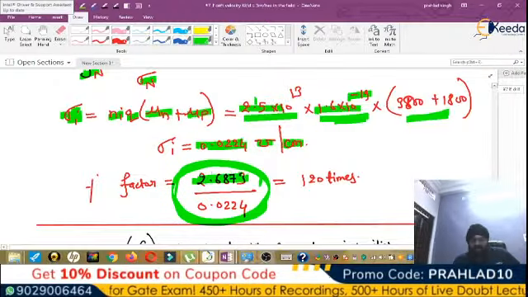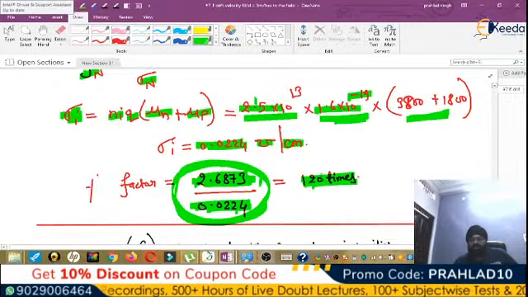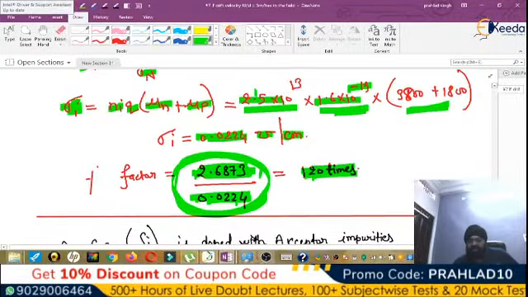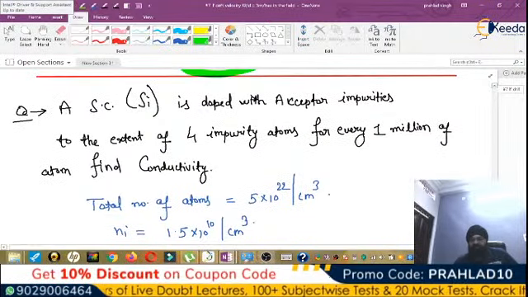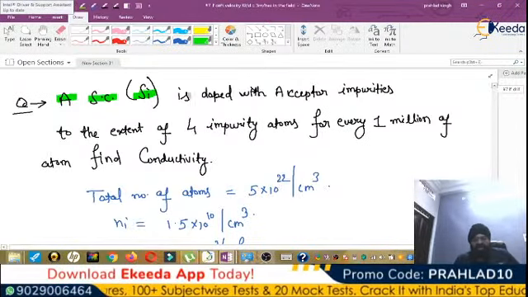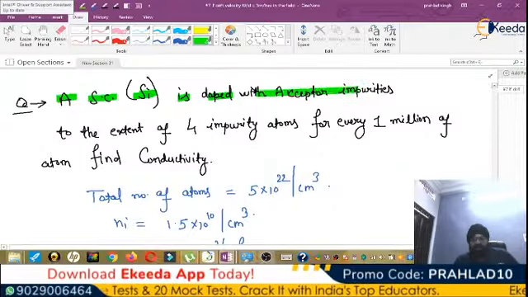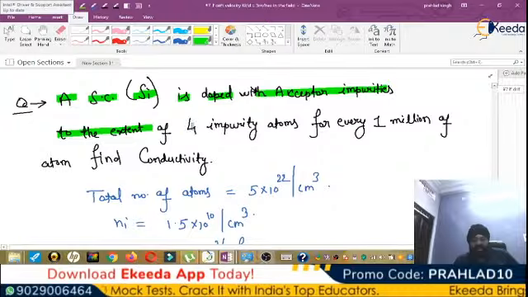This is the conductivity after doping, and this is the conductivity before doping. When you take the ratio, this ratio is 120 times.